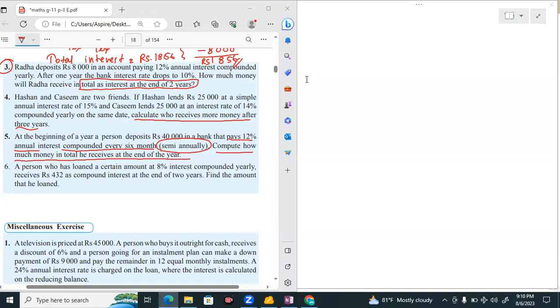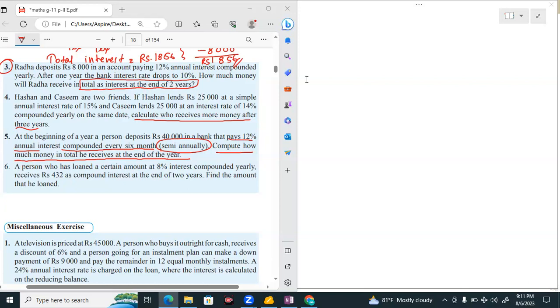When it says 2 years, there are 2 years within 2 years. When it says 5 years, there are 5 years within 5 years. But when it says 1 year, then there are 2 semi-annuals. When the interest is compounded after every 6 months, that means after every semi-annual, we have to consider the semi-annuals.